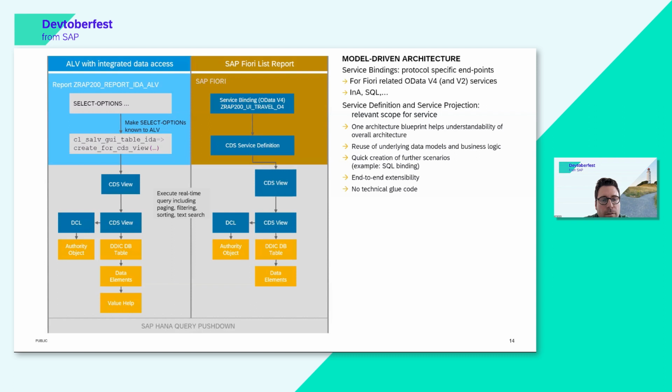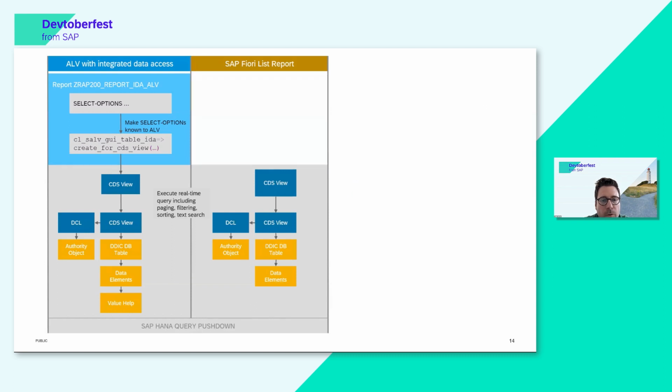Yes, so that the same query is also working on the right-hand side. So from a very technical perspective, even the same engine is running on top, under the hood, on the left-hand side and on the right-hand side, and which selects then the data from the CDS view by using ABAP SQL.